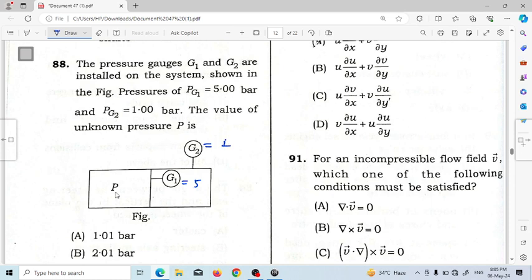Find the value of the absolute pressure P. Here the atmospheric pressure is not given, so let us take atmospheric pressure as 1.01, which is universal.